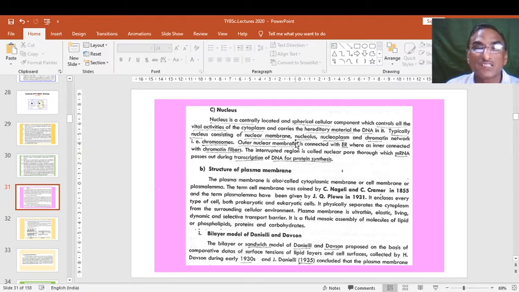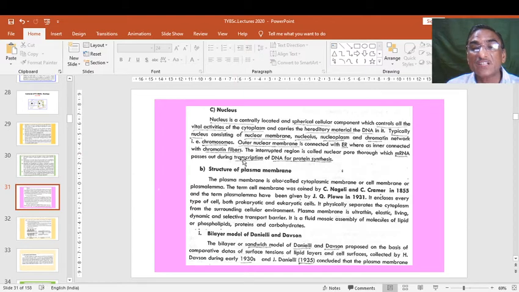Typically, the nucleus consists of the nuclear membrane, then the nucleolus at the center, then nucleoplasm, and the chromatin network, that is chromosomes or DNA and RNA. So these all are present in the nucleus. The outer nuclear membrane is connected with the endoplasmic reticulum, whereas the inner is connected with chromatin fibers.